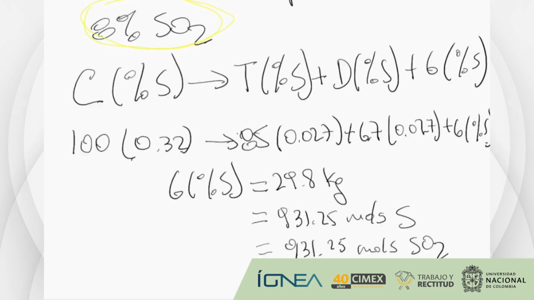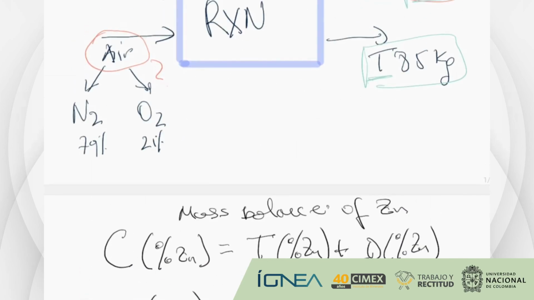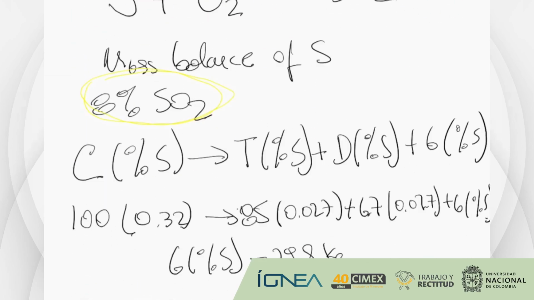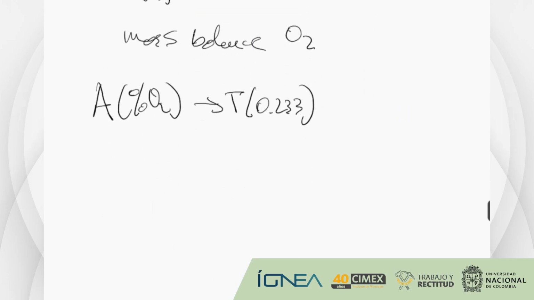This is the number we have here, and we have the same in the dust, the same quantity, and here is the percentage of oxygen that we have in the gases. Okay, this is the calculation we have to do.